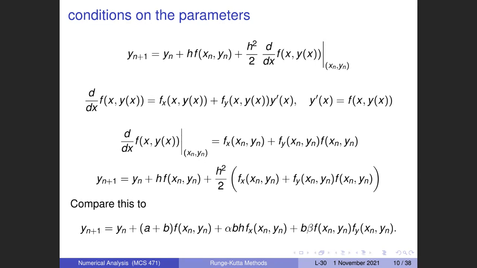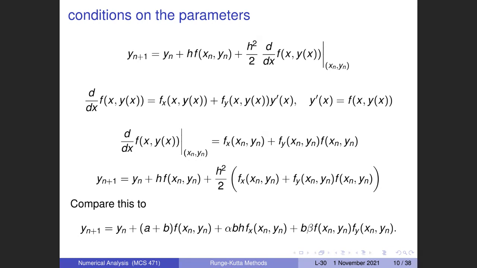All right, so then this gives us an expression that involves the partial derivatives and the function f again. This starts to clear up a little bit. We have the last line, which is again a repetition of our two-stage Runge-Kutta, collapsed and simplified in one line.